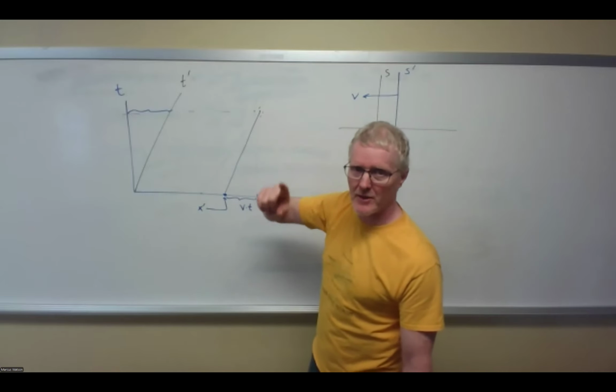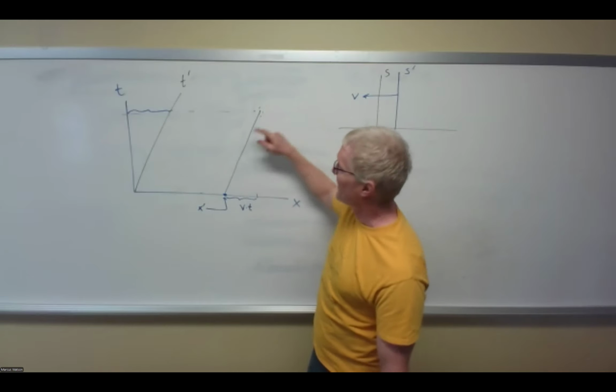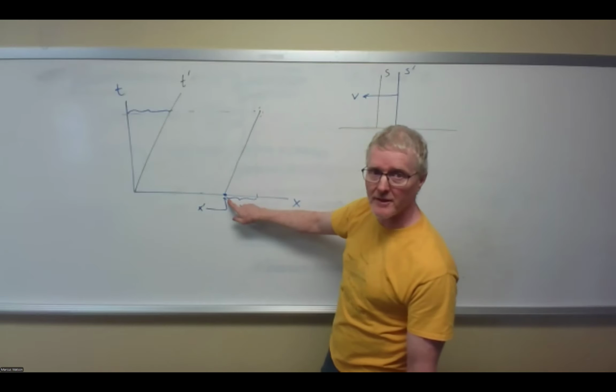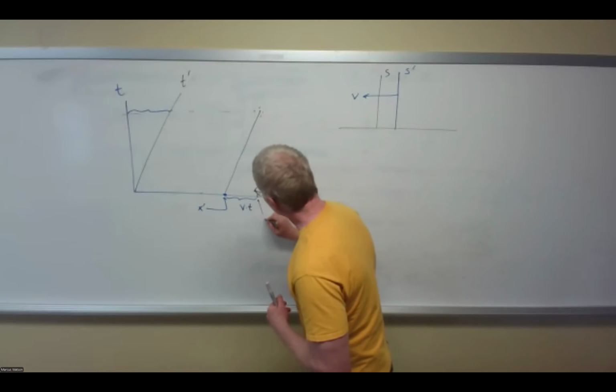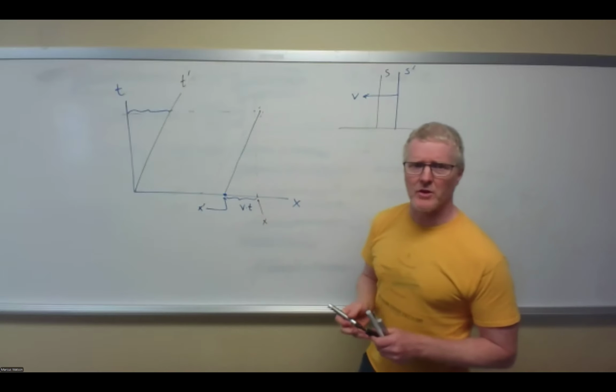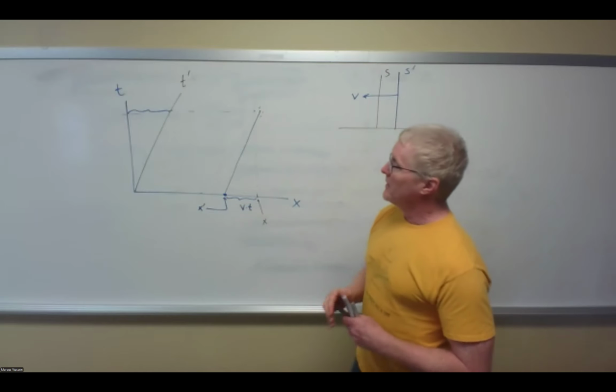I said perpendicular, that was wrong, sorry. I need to go parallel with the axis in order to find the prime coordinate here, okay? The x coordinate's over here. That's the x coordinate according to the tree frame. This is the prime coordinate according to the car frame.